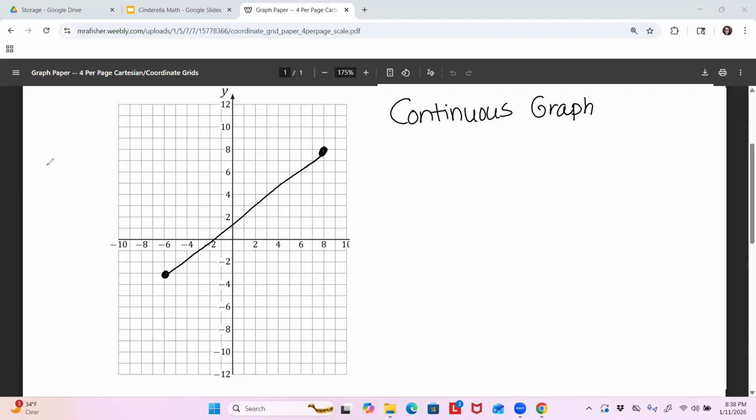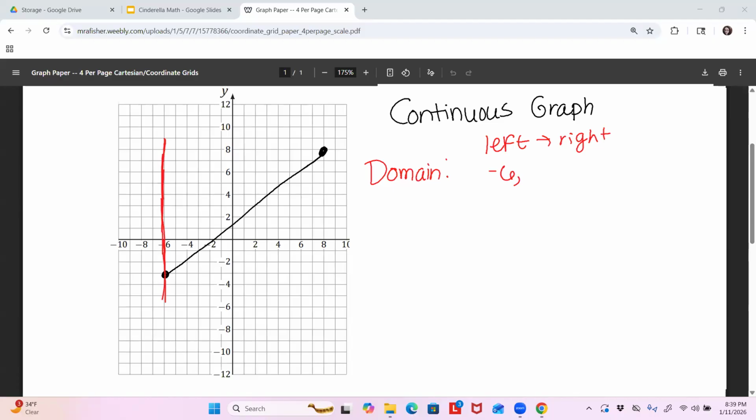So what do we do? For your domain, which again is x values, you're going to look with your eyeballs from left to right. Okay. So how far left does this go? Kind of build a little wall. This is the farthest left. And what's that number? -6. Write that down. Comma.